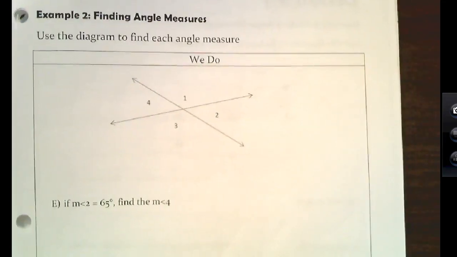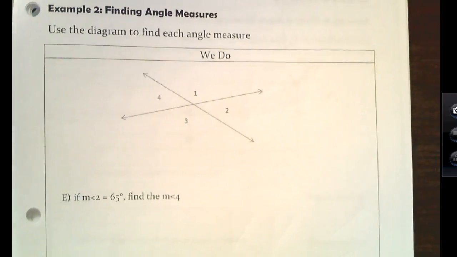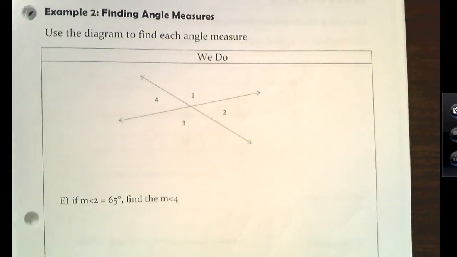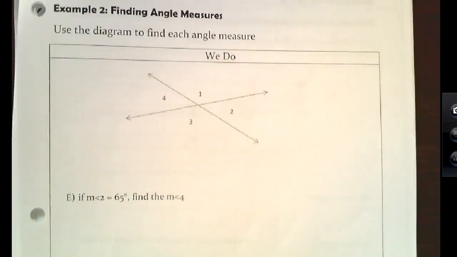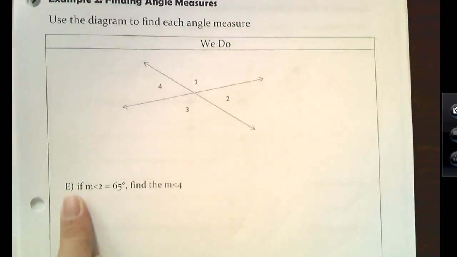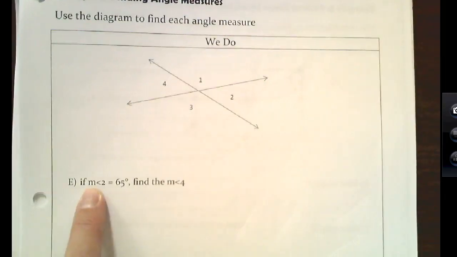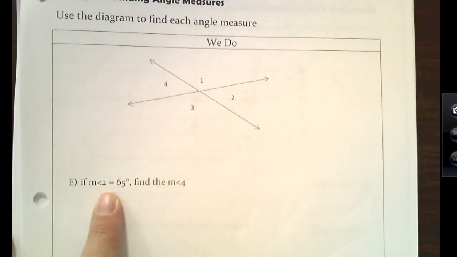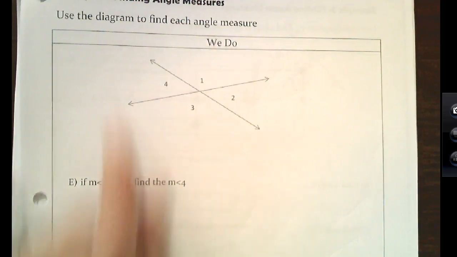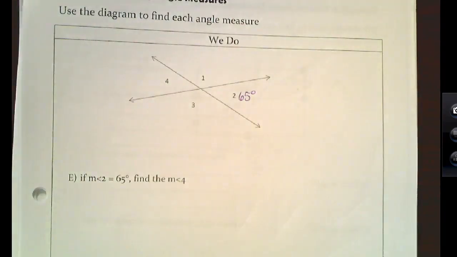Example 2, finding an angle measure. We have to use our diagram to find each angle measure. So letter E says, if you see that little M in front of that angle sign, that stands for the measure of angle 2. So if the measure of angle 2 is 65 degrees, so on your diagram up here, let's go ahead and label angle 2 as 65 degrees. I like to write in the information that I know.